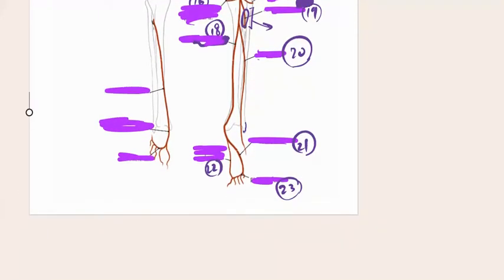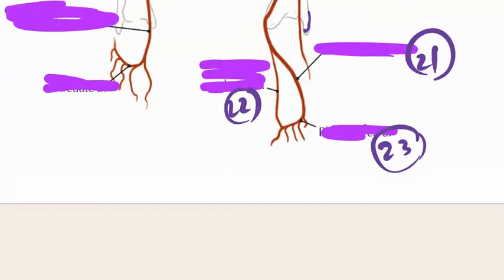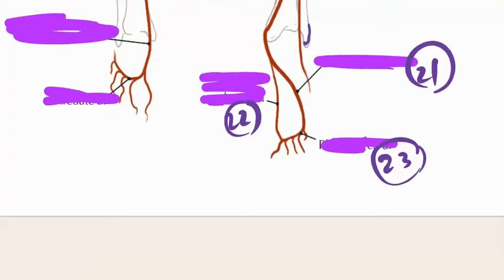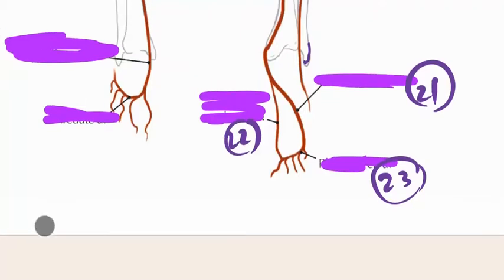Okay, Brandon, 23. Plantar arch, not plantaris. Plantar sounds better. Okay, Dahlia, 21. 21 is the lateral plantar artery. Okay.